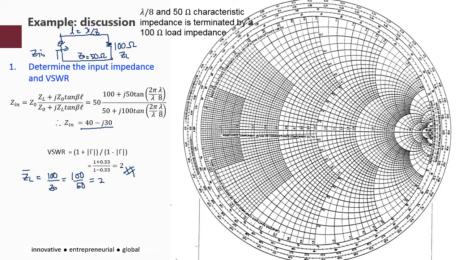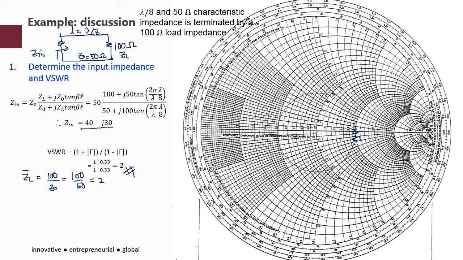Your ZL equals 2, and there's no imaginary part, so it's 2. Here is your normalized ZL, and then as usual draw the SWR circle.